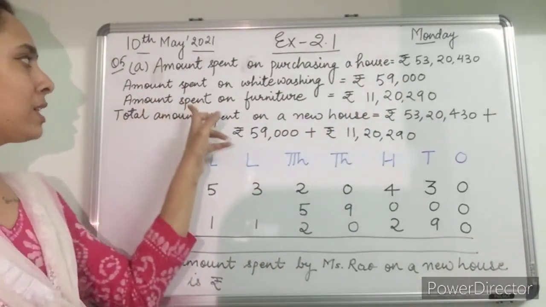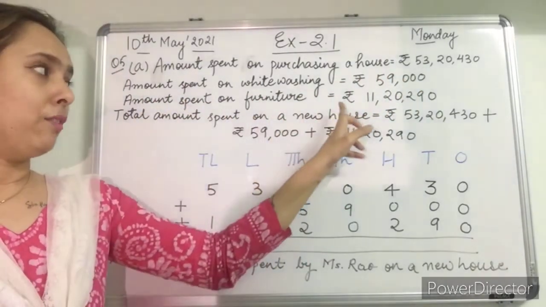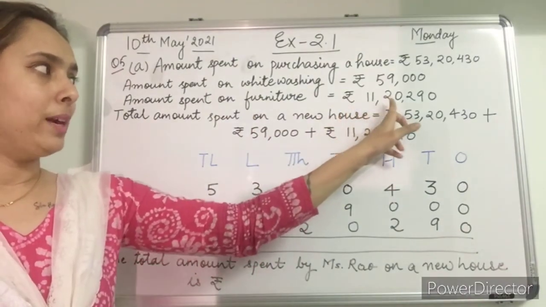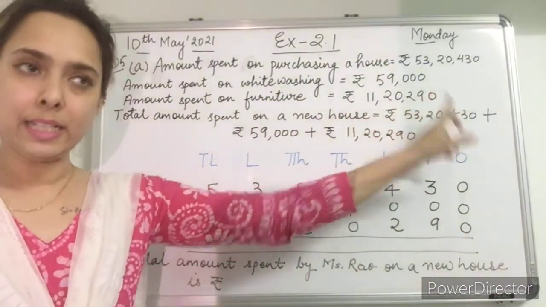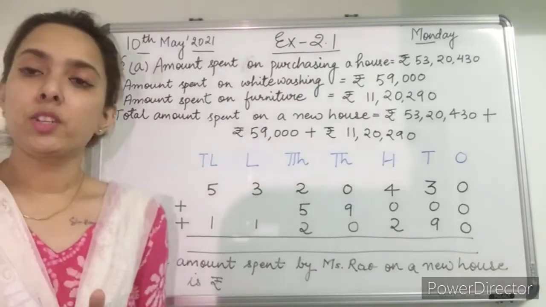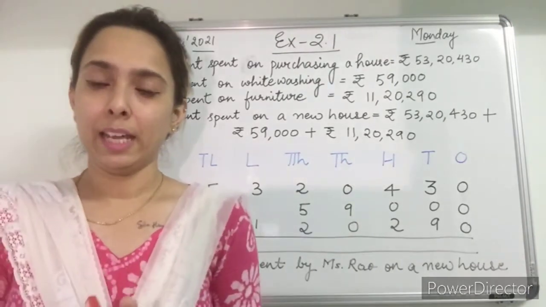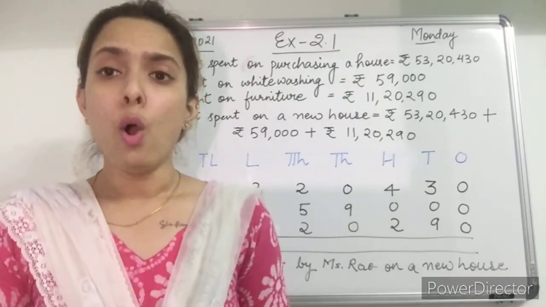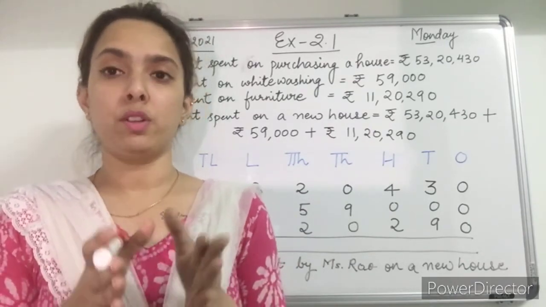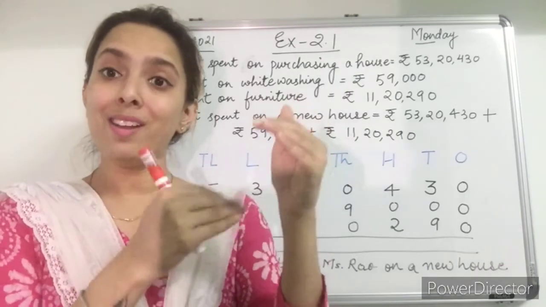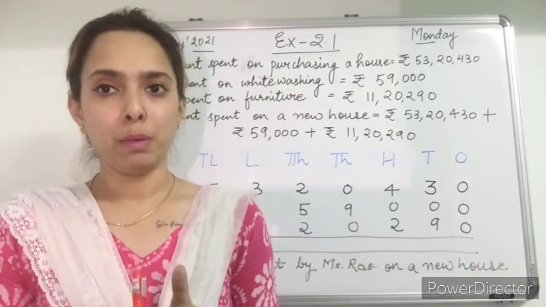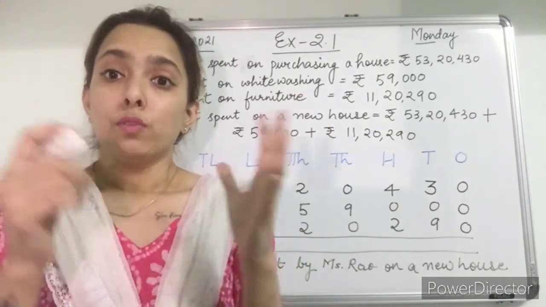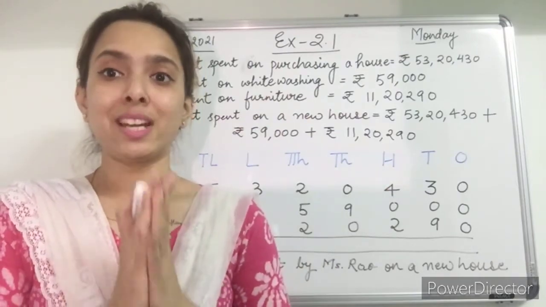Then amount spent on furniture, which is 11,20,290. The question says, find the total amount spent by Miss Rao on purchasing a new house. Means what all expenses she has made, and we have to calculate the total amount she has spent.